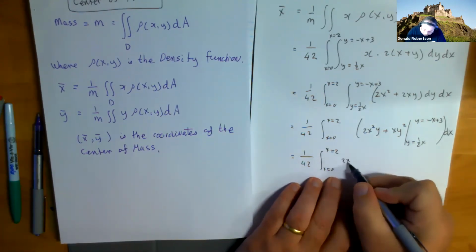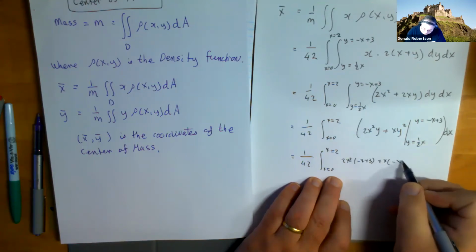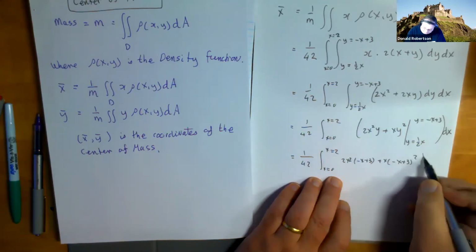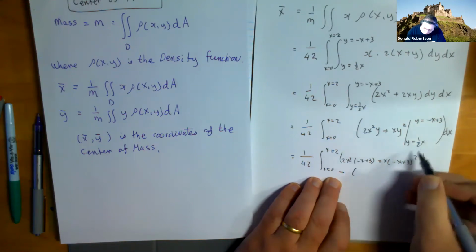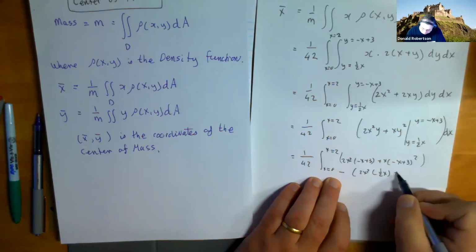And you would replace the y with negative x plus 3. And then you'd replace it with a half x.